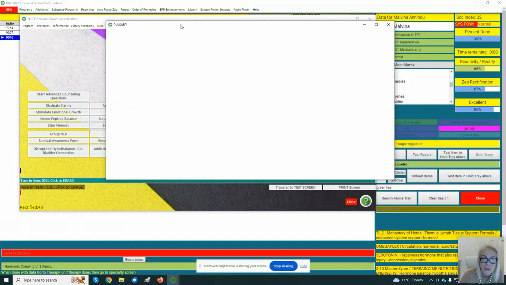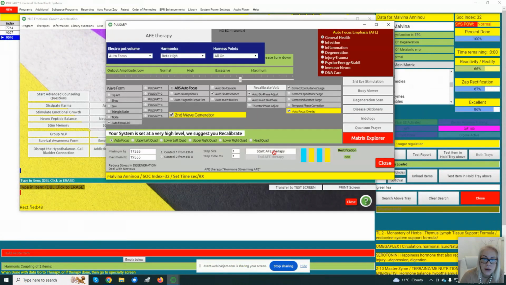Hormone streaming automatically balances hormones that you want, that you need unconsciously, but also takes into consideration those hormones and neurotransmitters that you loaded up there. So these two therapies are connected.